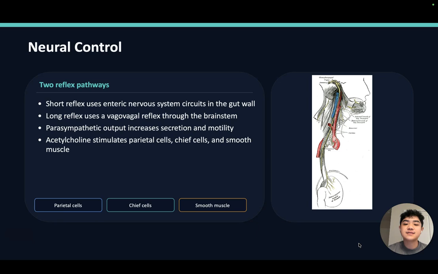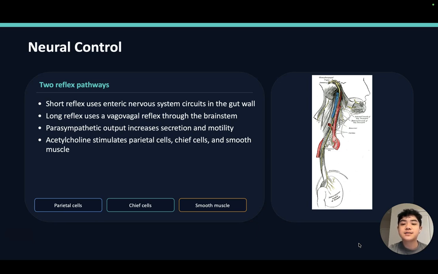The ENS can detect changes in the stomach wall and generate responses without needing the brain. This allows fast local control of secretion and motility.